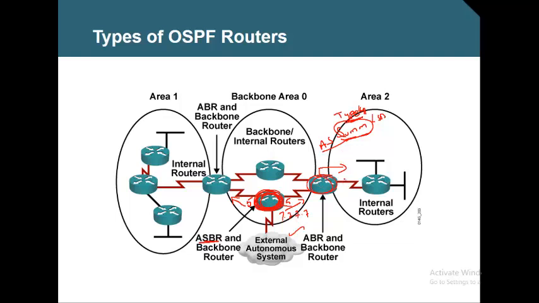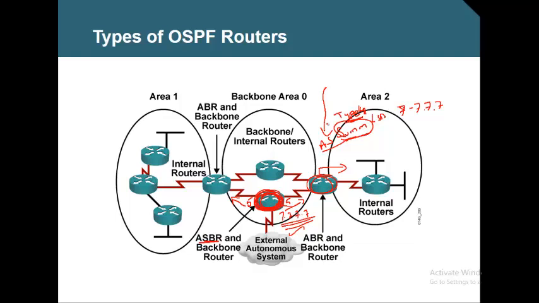But what is the information it is carrying? It is carrying the information about the router ID of the ASBR. Very simple. Type 4 is saying, I got a 7.7.7.7 router who is responsible for all the external networks coming from other autonomous systems.